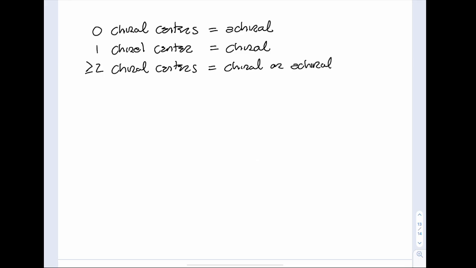And what we're doing is we're looking for that plane of symmetry, right? It could be meso. If it's meso, it has a plane of symmetry and it's achiral. So 2 or more chiral centers, chiral or achiral, look for that plane of symmetry, right? If something is achiral, it will have a plane of symmetry.